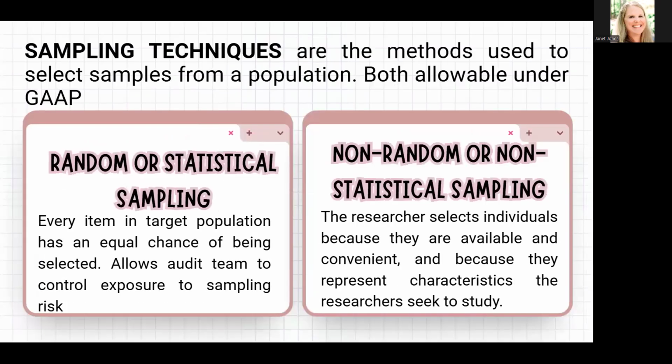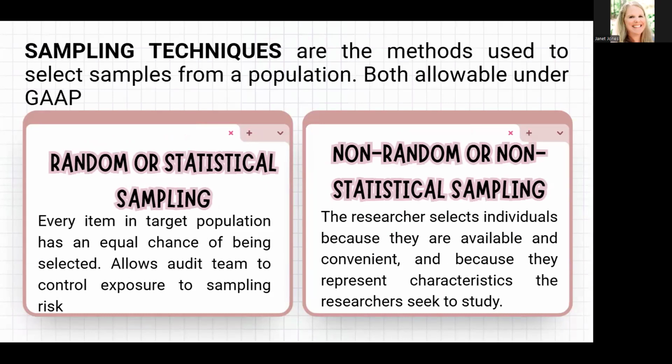So we have two different types of techniques that we can utilize. The first is random or statistical sampling, and the second is non-random, also called non-statistical sampling. Both of these methods are allowable under generally accepted auditing standards. I should say GAAS, not GAAP.